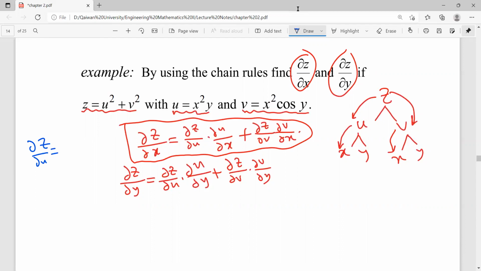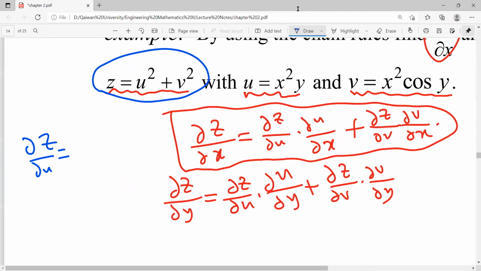We are going to find the partial derivative of z with respect to u. This is z. So what's the partial derivative of z with respect to u? Here, v squared is 0. So you get 2u. And partial z by partial v equals to what? 2v.